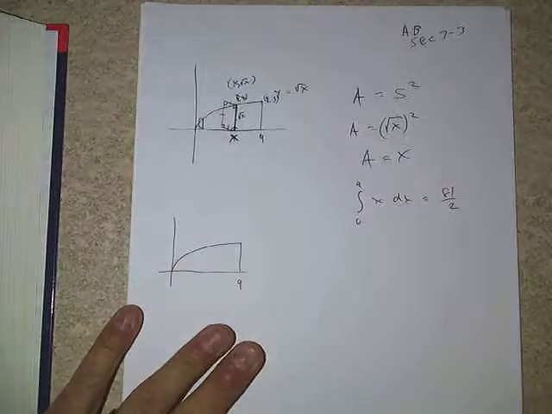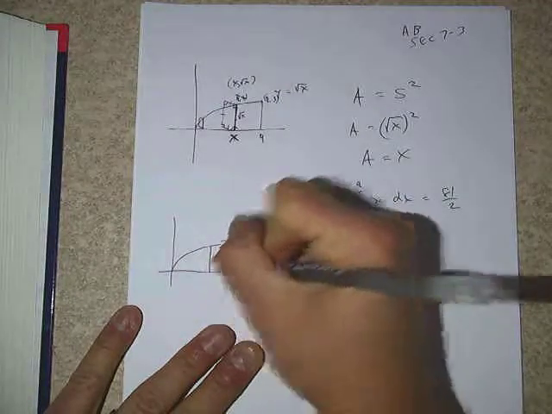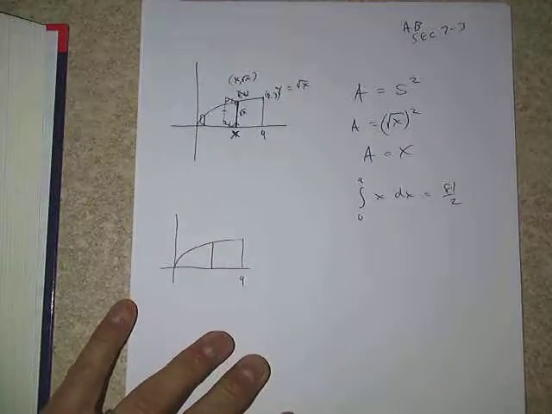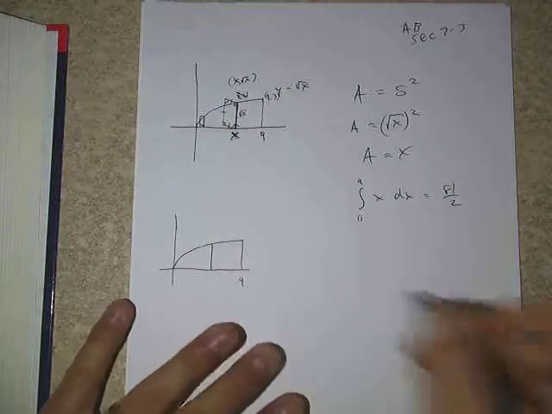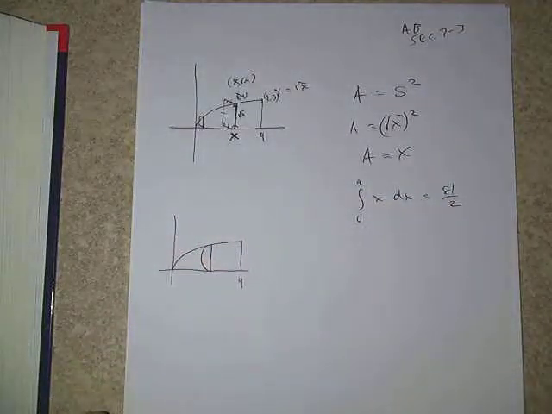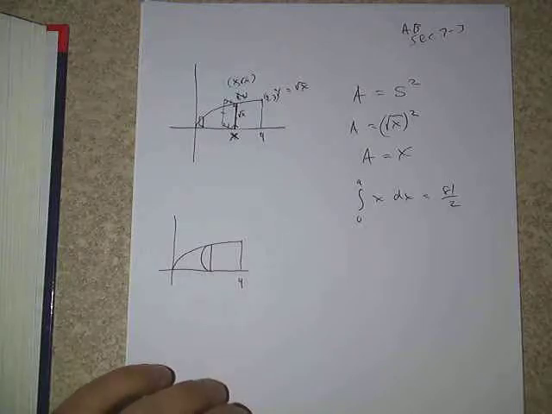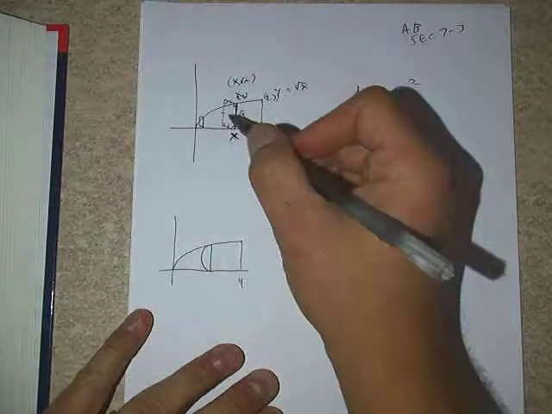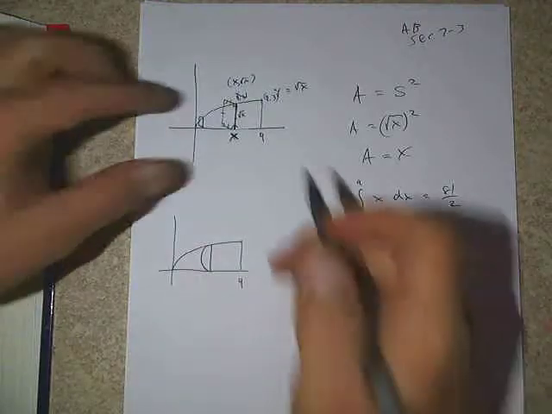Now, we're going to use that same region, and we're going to change it up a little bit. This time, our slice, our horizontal or vertical slice, instead of a square, is going to come out of the paper at us as a semicircle.